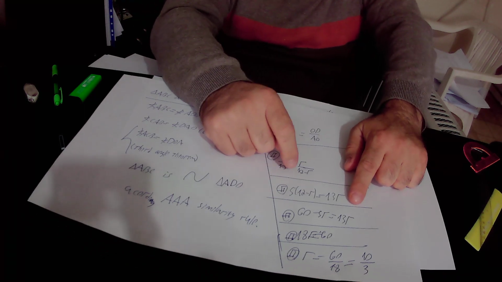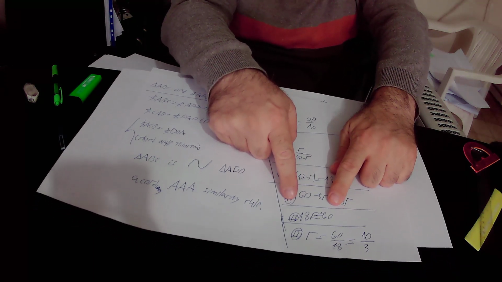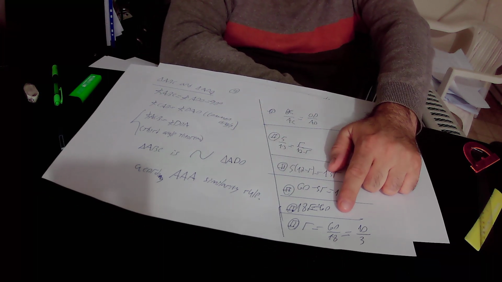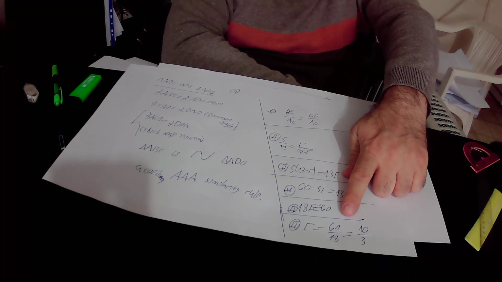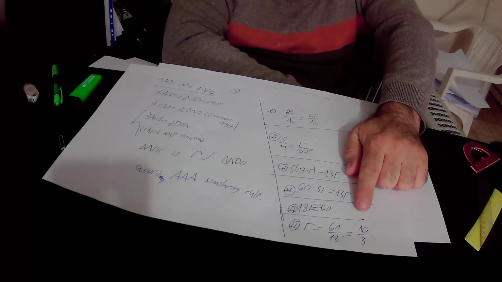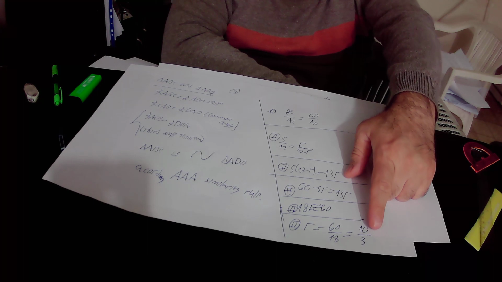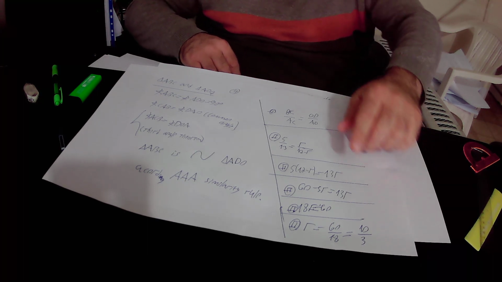So 18R equals 60. We divided this equation by 18, and we got that the radius of the semicircle equals 60 over 18. We divided both the numerator and the denominator by 6. 60 over 6 is 10, and 18 over 6 is 3. So we found that the radius of the semicircle equals 10 over 3 units.